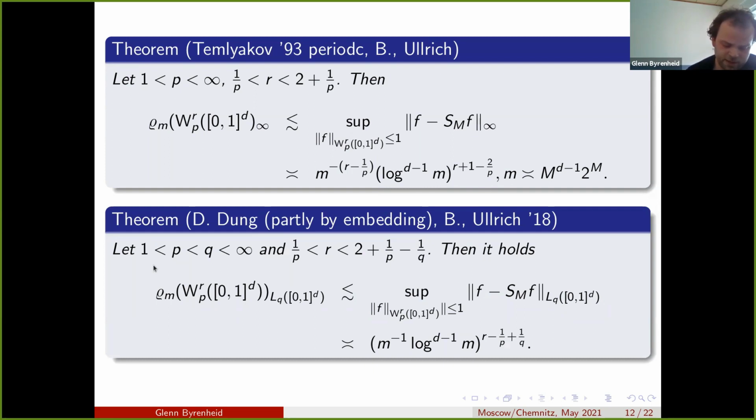So if we have p smaller than q, meaning the model space where our function comes from has less integrability than the target space where we measure our error, and r is bigger than 1 over p and smaller than 2 plus this, then we can bound the m-th linear sampling number from above again by the worst case approximation with our algorithm, and this coincides with this rate.